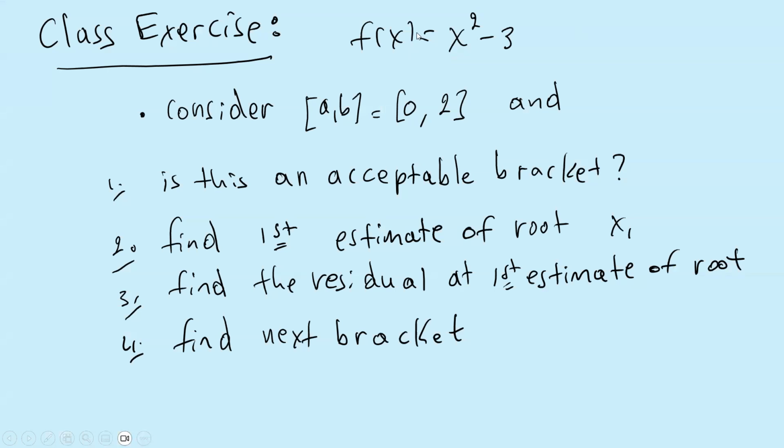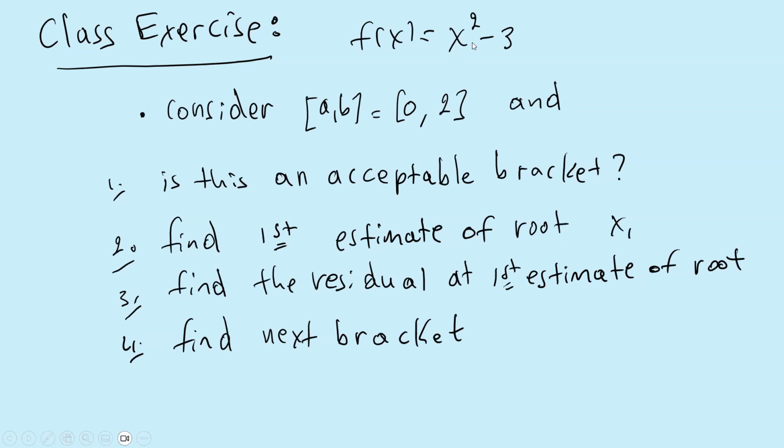Look at this example. We have this function, and this is the interval that is given, 0 and 2. For the first part of the question, we have to check whether it is an acceptable bracket or not, and how can we check it? We have to find the value of the function at 0 and 2.